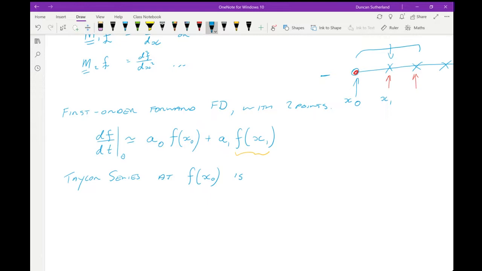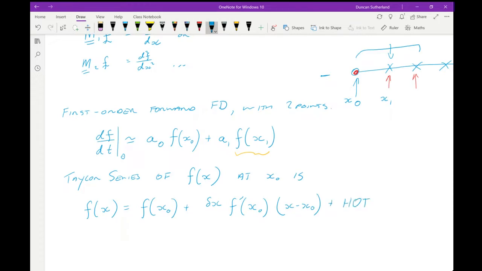So the Taylor series of f of x at x0 is f of x equals f of x0 plus delta x times the first derivative at x0 plus higher order terms involving delta x squared.